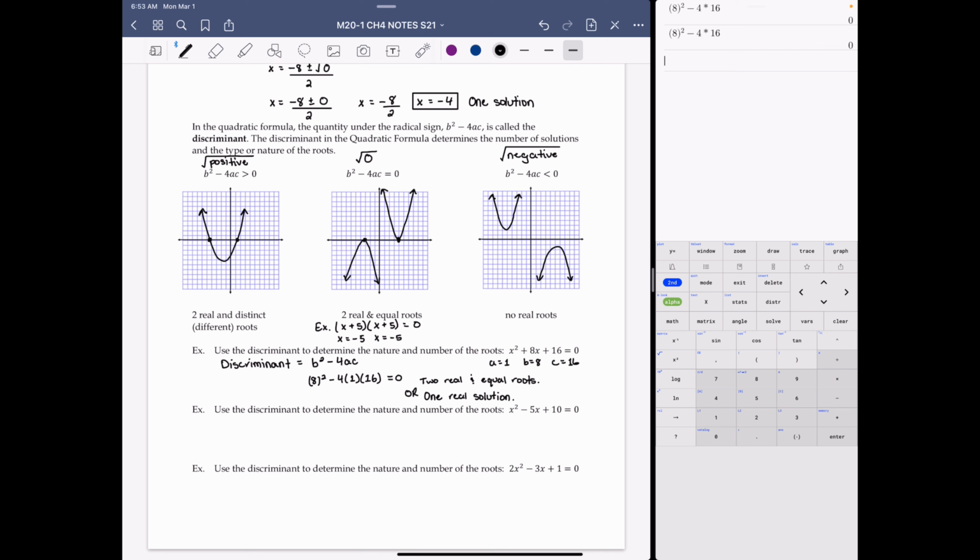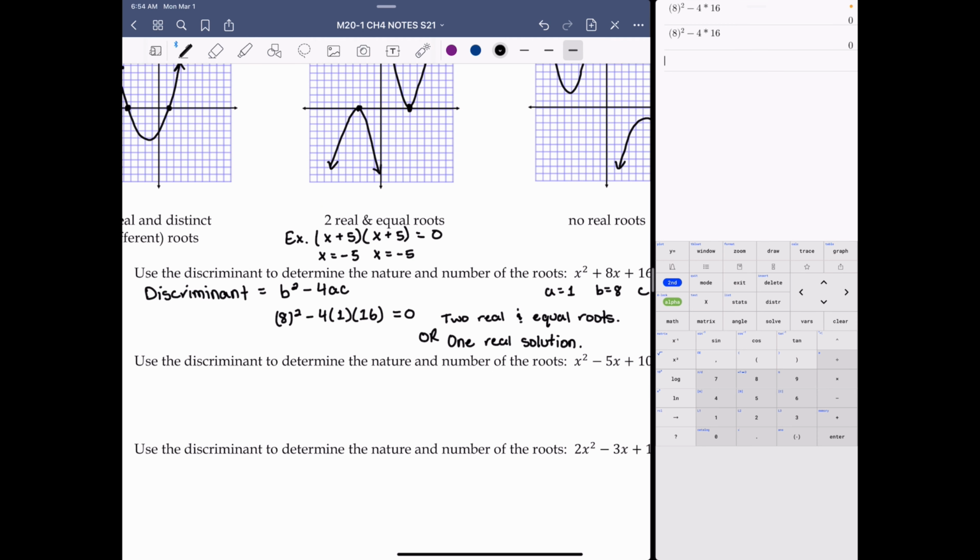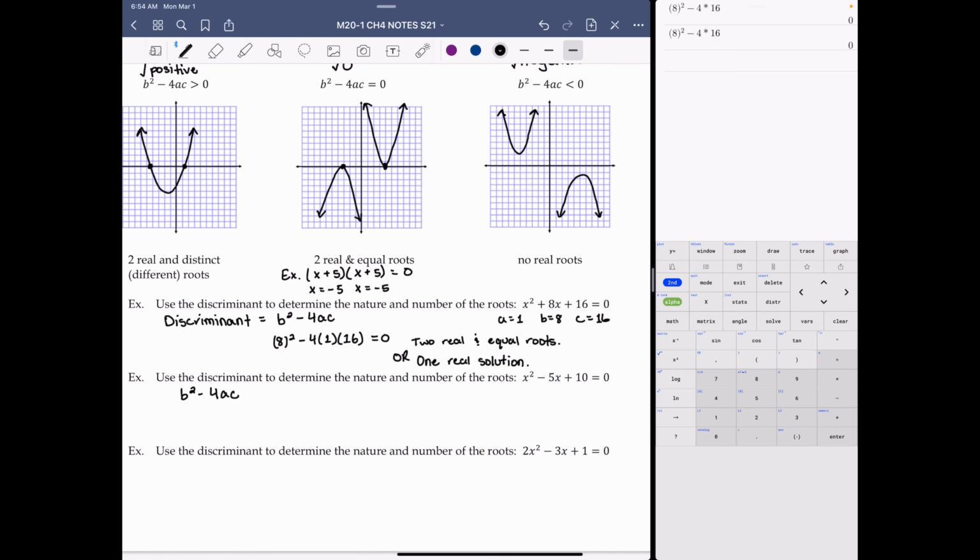Use the discriminant to determine the nature and number of roots for x squared minus 5x plus 10 equals 0. So same thing, the discriminant is b squared minus 4 times a times c. For this quadratic, a equals 1, b equals negative 5, and c equals 10.